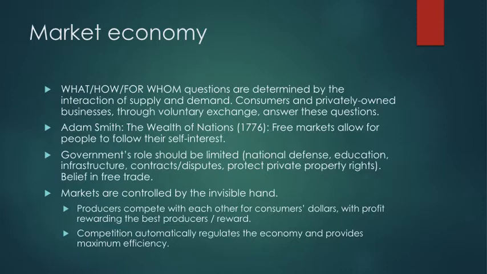Society benefits as well, because now our community has a butcher and a baker that are selling us meat and bread, so that we don't have to do those things ourselves, which allows us to specialize as well. And that's how the invisible hand works. It's essentially all of us acting in our own self-interest, guided as if by an invisible hand to not just benefit ourselves, but benefit the community at large.